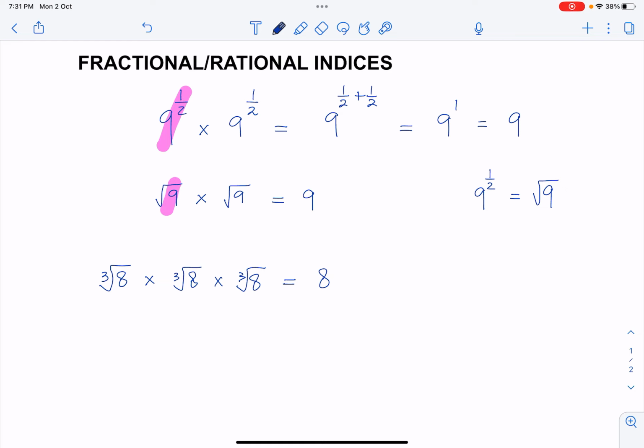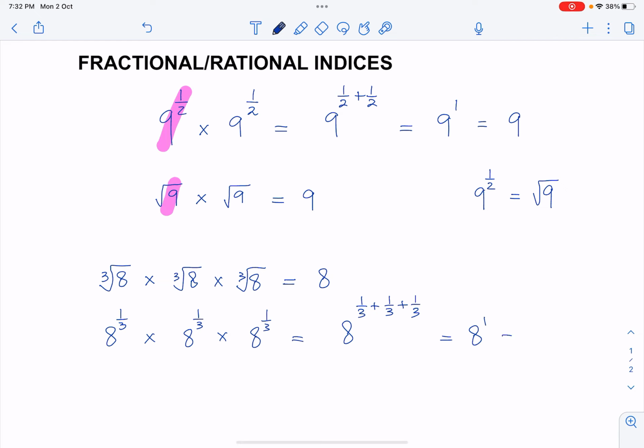Now if we express this as 8 power 1/3 multiplied by 8 power 1/3 multiplied by 8 power 1/3, with the multiplication law, we are going to add the powers, 1/3 plus 1/3 plus 1/3. So 3 times 1/3 is 1.